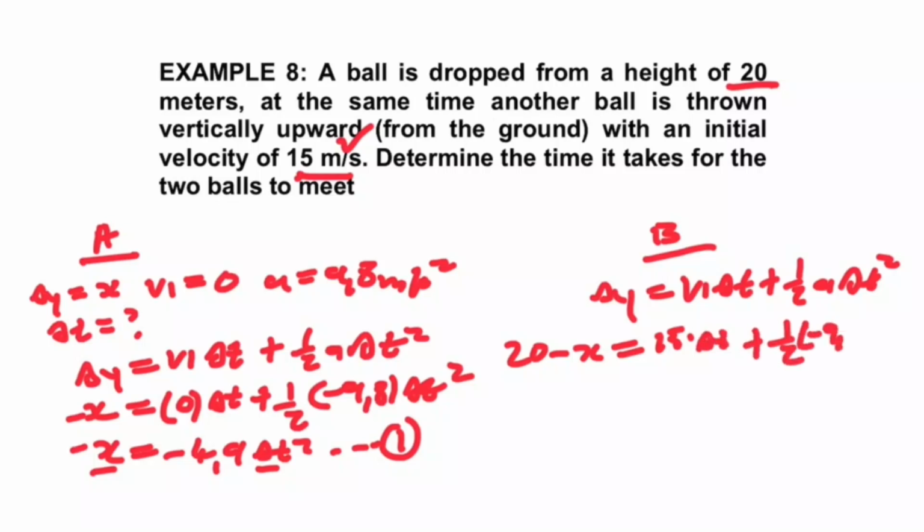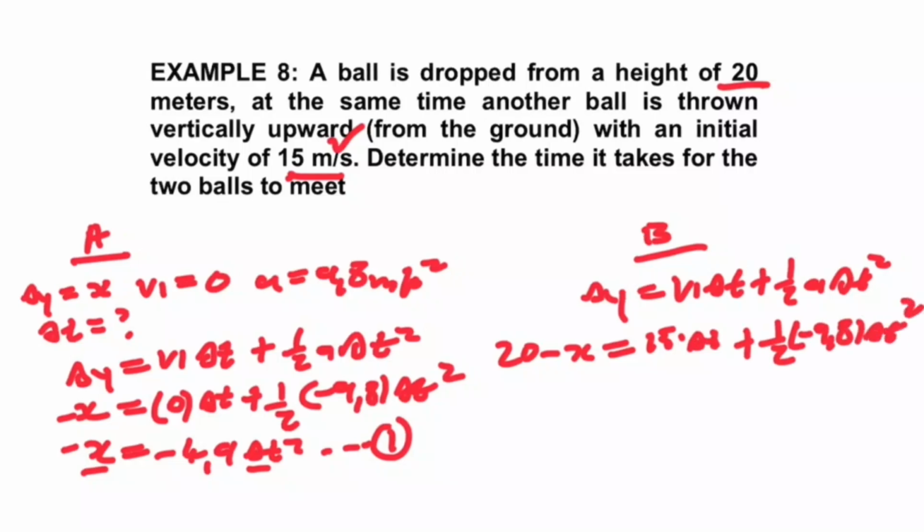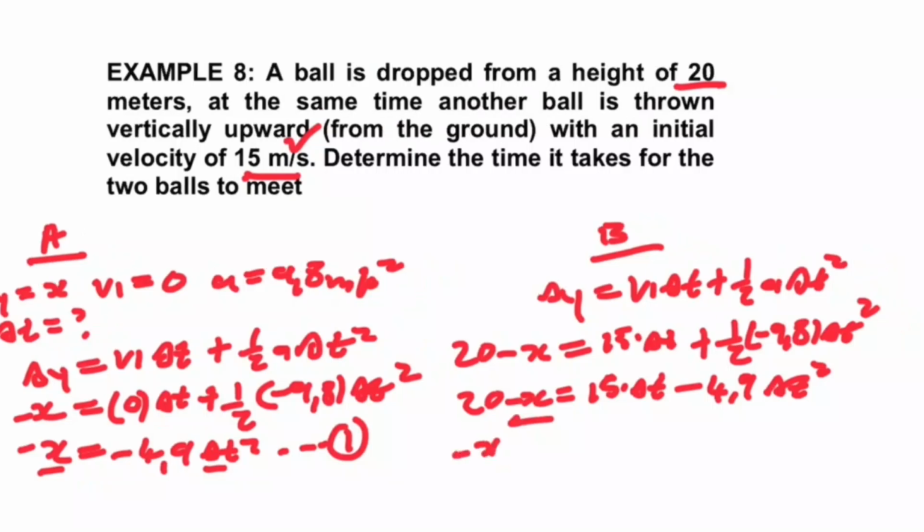The acceleration is minus 9.8 delta t squared. So 20 minus x is equal to 15 multiplied by delta t minus 4.9 delta t squared. If we make minus x the subject of the formula, we have minus x equal to 15 multiplied by the change in time minus 4.9 delta t squared minus 20, equation 2.